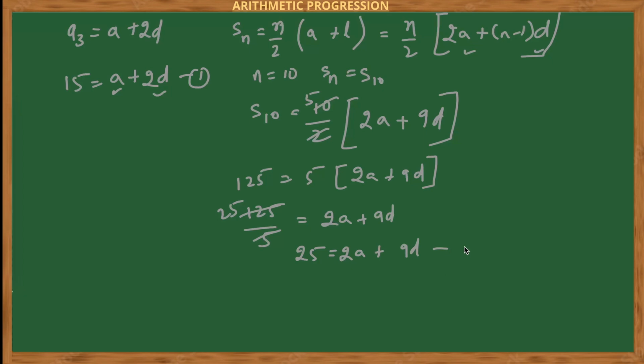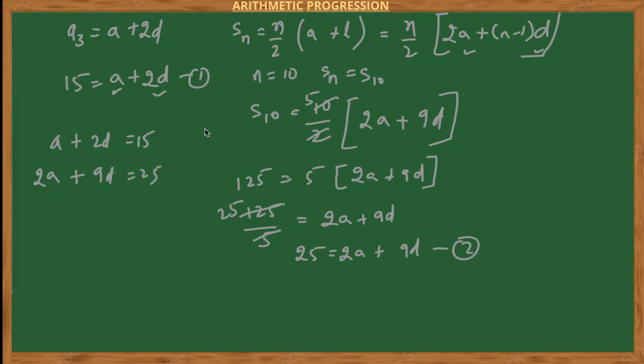With the two unknown values, to solve this, we have a plus 2d is equal to 15 as one equation, and another equation, 2a plus 9d is equal to 25.